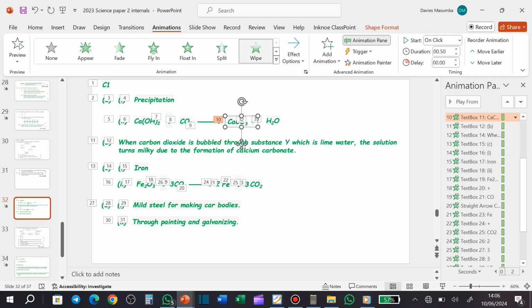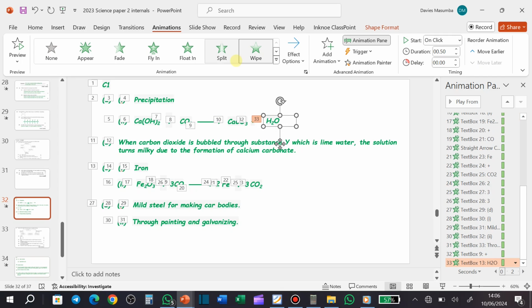So there it is at 1. Take it at 1. After 1, then I'll get the plus there.